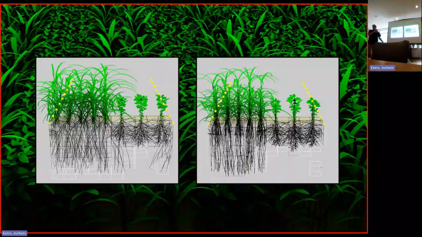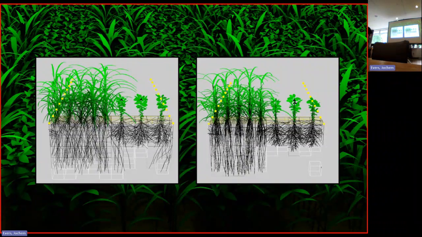So this was just a toy exercise, but the running hypothesis here was, okay, if we have a wider root angle, we actually get a better performance of the cereal plants, which may lead to a better performance of the intercrop as a whole. And then if you would elaborate this to a large research project, for example, you could imagine that this would be a tool to try and find traits that breeders could breed for in order to have well-functioning intercrops and efficiently functioning intercrops.